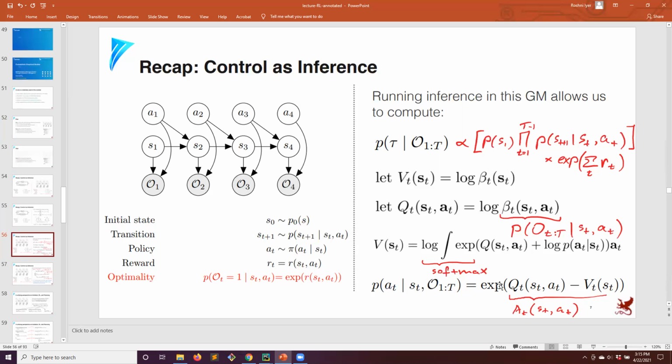So in other words, if we now introduce a new temperature variable, which is the 1 over alpha, this is controlling how entropically this is behaving by this V term, versus if we have alpha to be much lower, then it's behaving like a more greedy policy, closer to the optimal Q function, which is the argmax over the actions of the Q function. So that's the idea behind this advantage function.